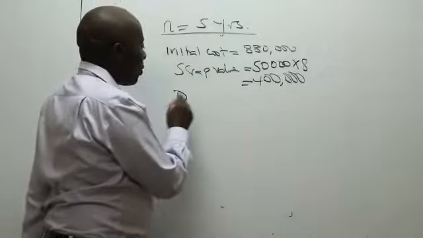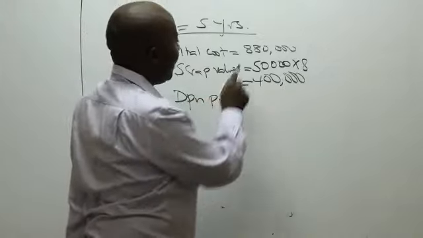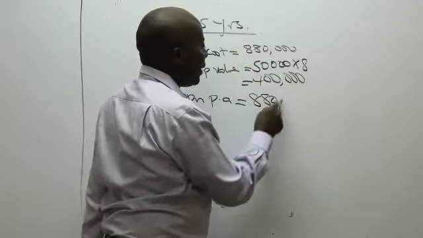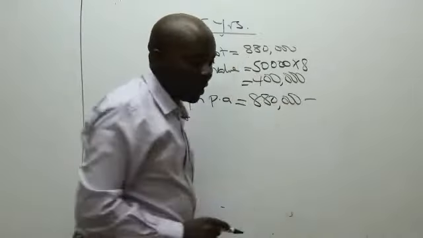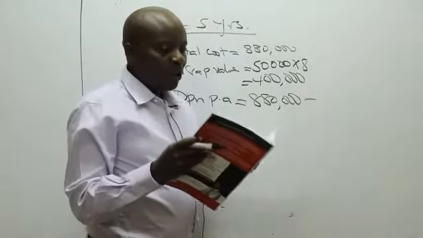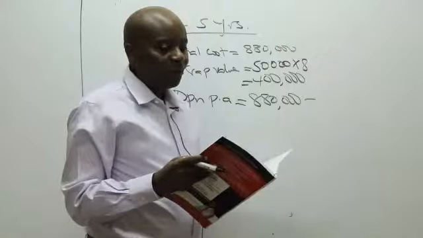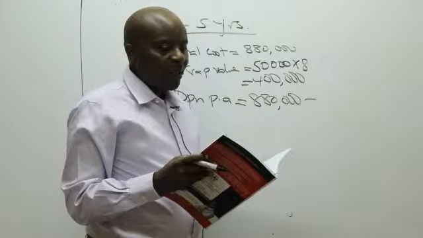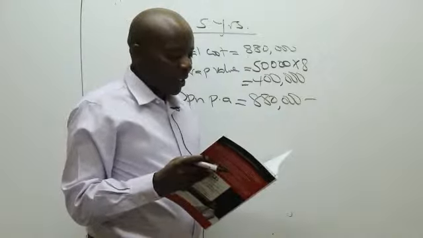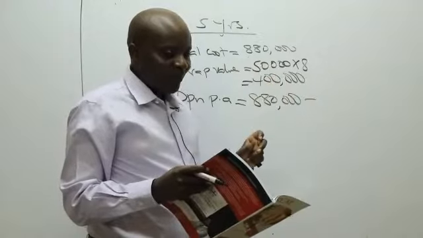And therefore, depreciation per annum. I know that depreciation per annum will be the initial cost, which is 880,000 minus the scrap value, not 15 years. You know, we have got 5, 10, and 15 years. There is 5 years, 10 years, and 15 years. I'm going to do each one of them.